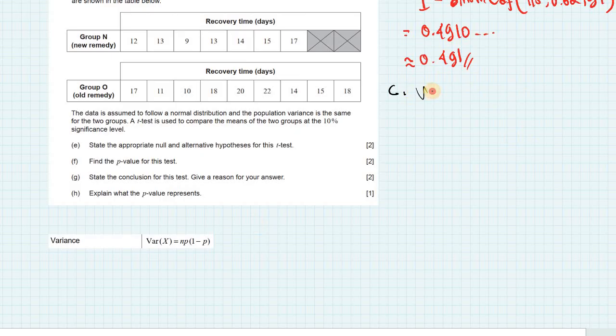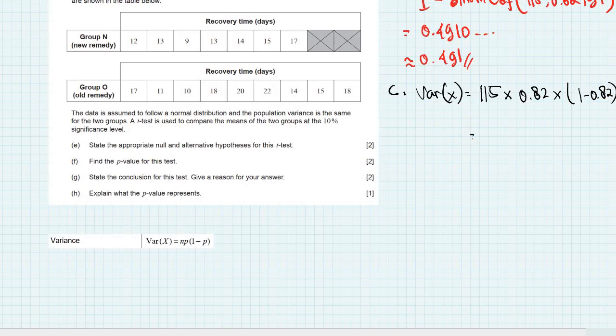So we have variance equals n, the number of trials, which is 115, times the probability 0.82, times 1 minus 0.82.